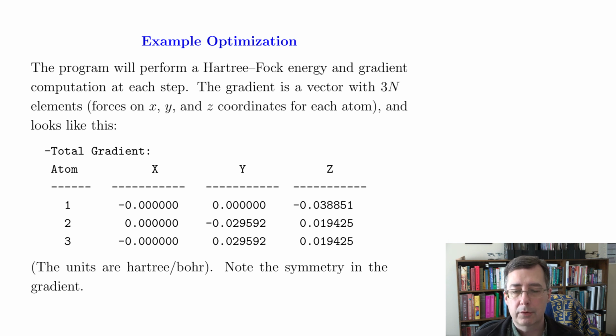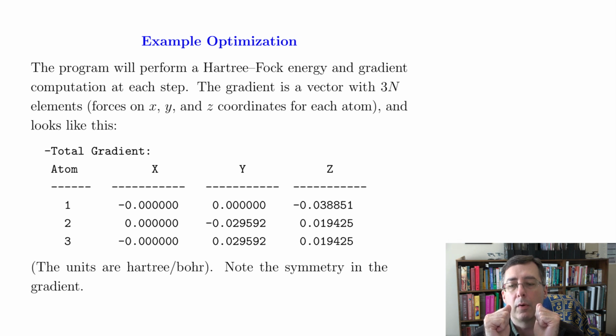If I look at the next 2 rows, the 2 hydrogens, again, they're symmetric. Their y values of the gradients are negative of each other. So one is going in one direction, one going in the other direction, but it's symmetric because the hydrogens are the same.